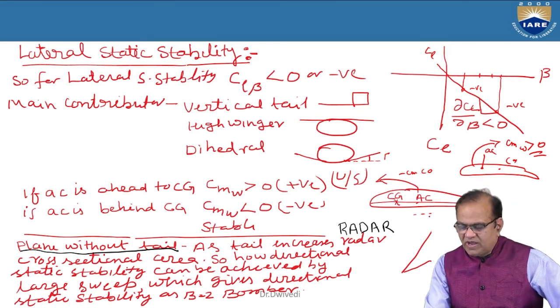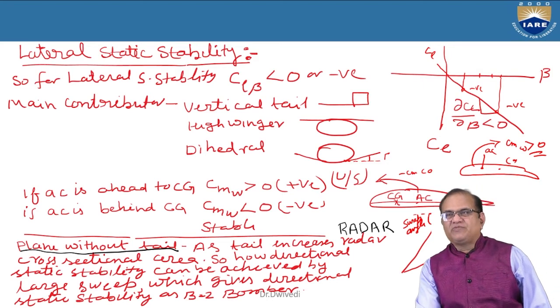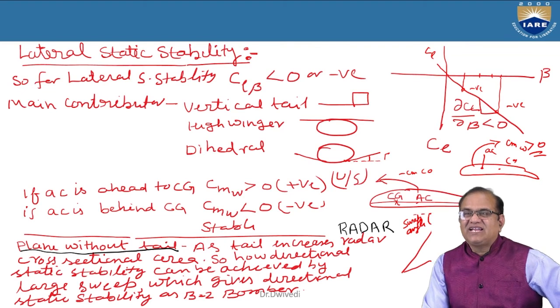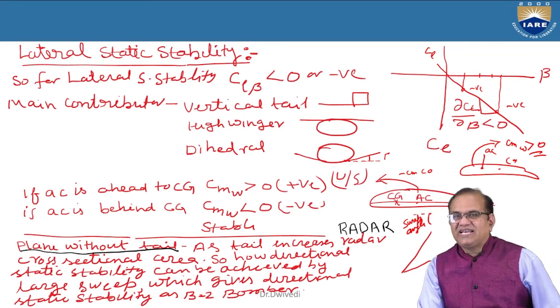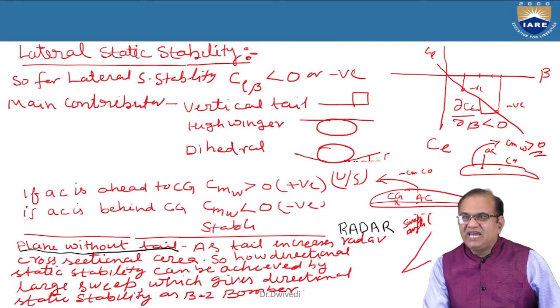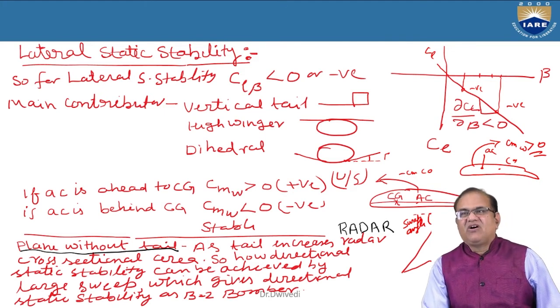Here you can see this is called the sweep angle. This sweep angle is very important. If you have a high sweep angle, it gives directional stability. Like the B-2 bomber, they have their wing configuration in this way, and this high sweep angle will provide the directional and lateral static stability of the aircraft.